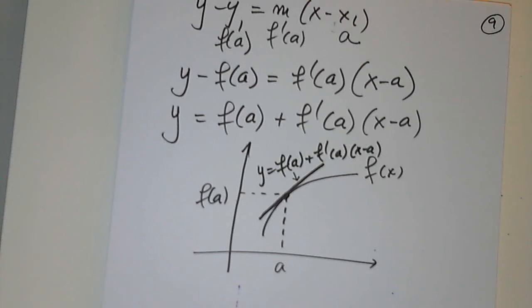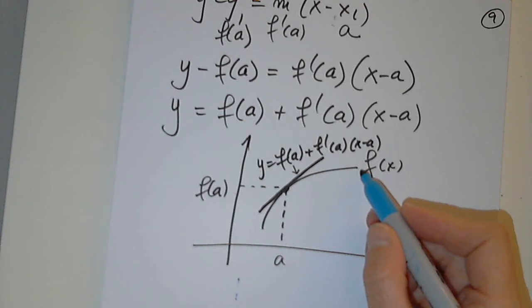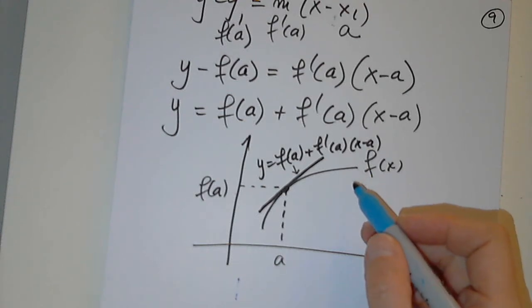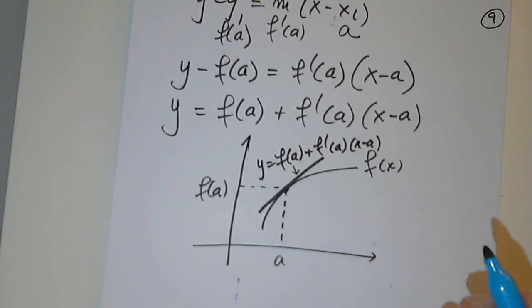Okay, so what is this all about? It says this. Any function can be approximated by a line, by the equation of a line. What do you mean? Yes.